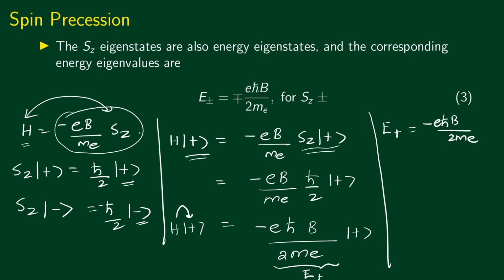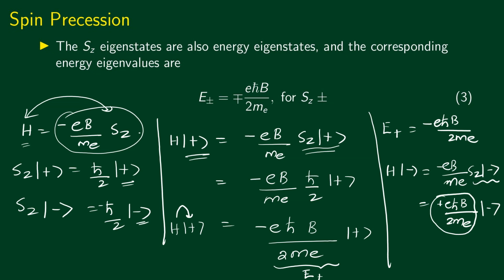H acting on ket minus is equal to minus EB divided by ME SZ acting on ket minus, and this action we already know, it's minus h bar by 2 multiplied by ket minus. So that minus will cancel with this minus and you'll get plus E h bar B divided by 2 ME multiplied by ket minus.